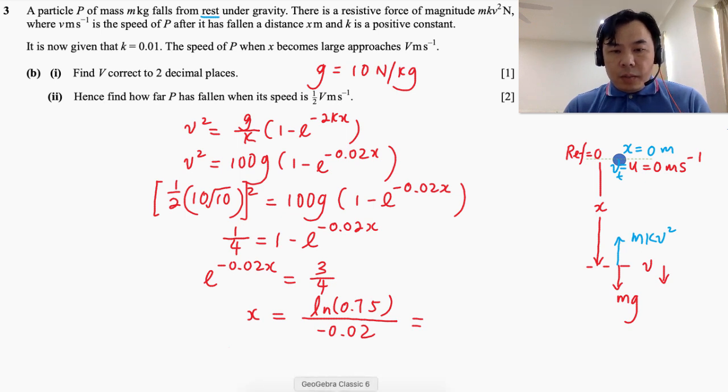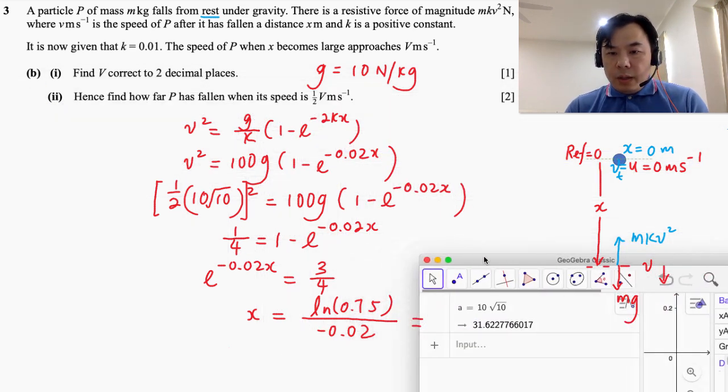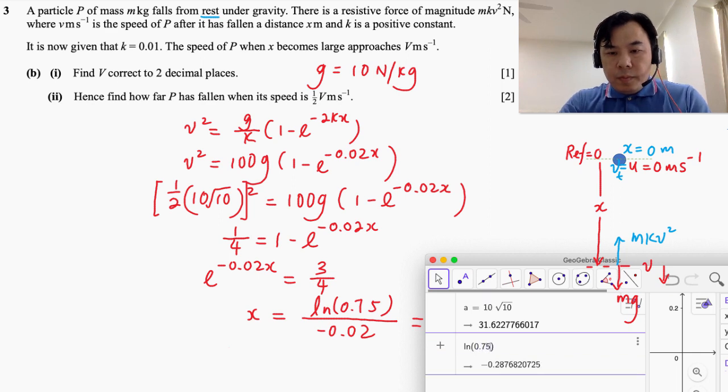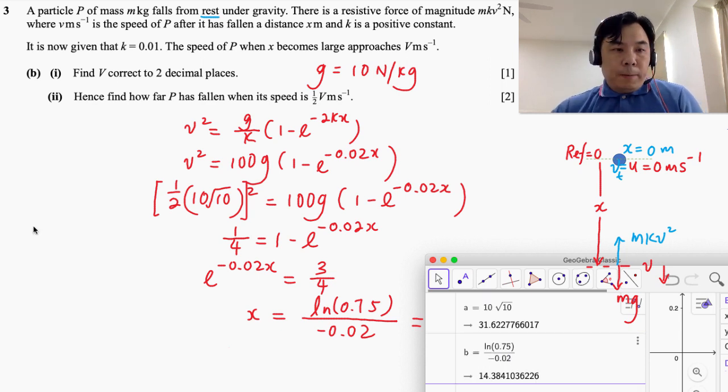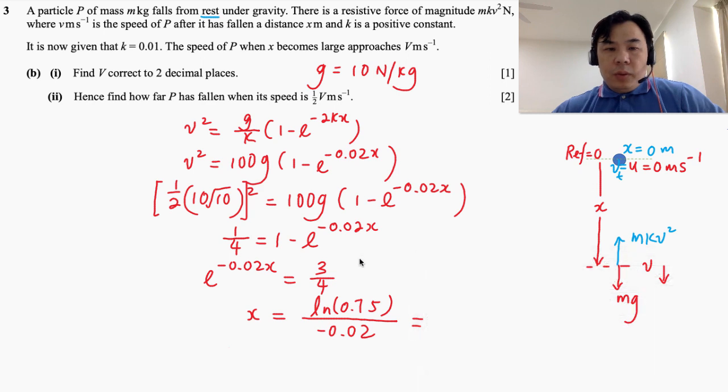So let me get my GeoGebra here so that we can tabulate this. So 0.75 divided by 0.02 there. Therefore, the distance that the object has fallen is 14.38, if you want two decimal places.